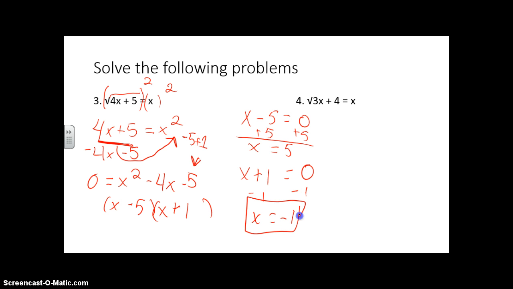So I come up with x equals negative 1 and x equals 5, but these are not both my answers here, because now we have to check each solution to make sure it is true to the original problem. So what I'm going to do is erase everything here.